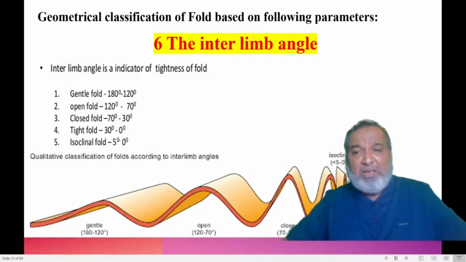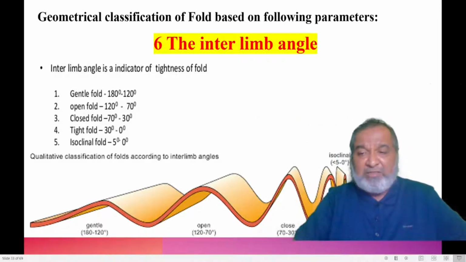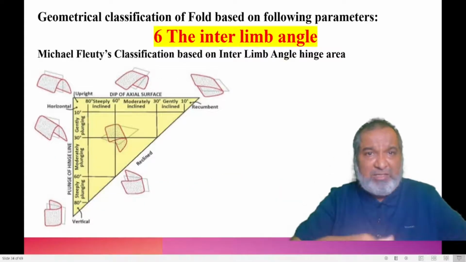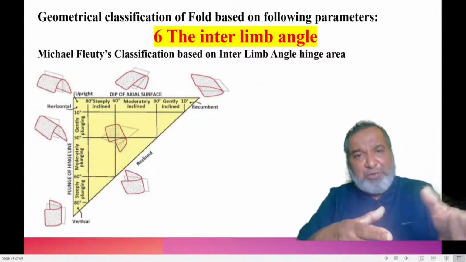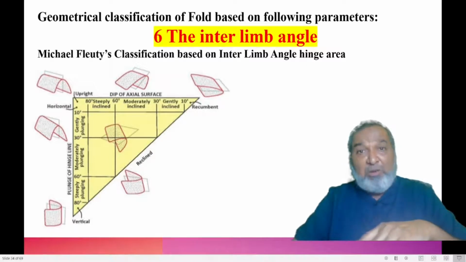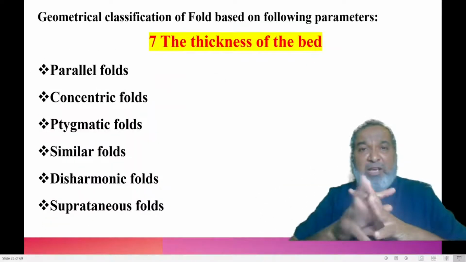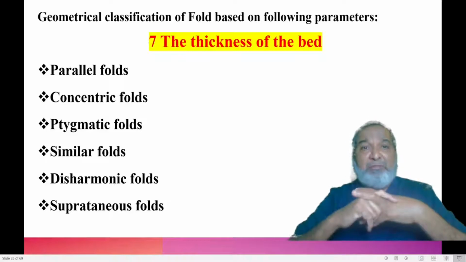Completely the fold is turned over and runs parallel to the same axis. So this is the interlimb angle. Again, this same one we have put into the diagram, whether you show it in this one or in a table, draw it out and get the marks. Number 7 parameter, the thickness of the bed.